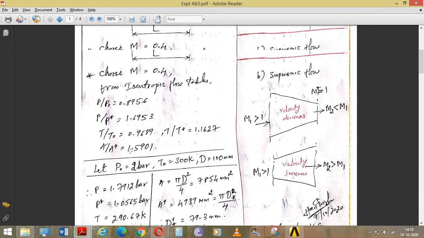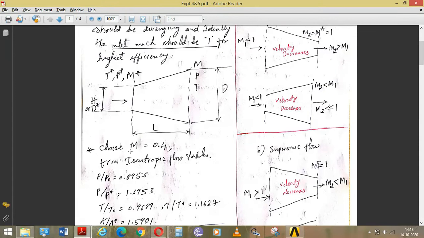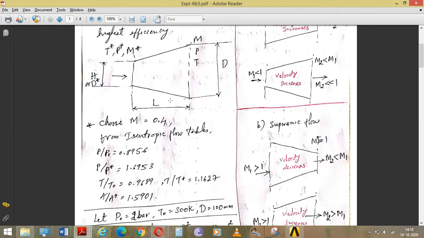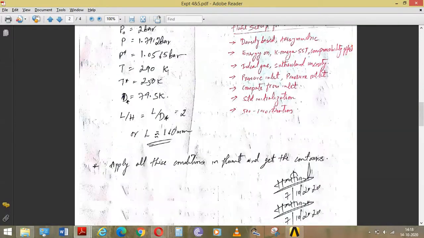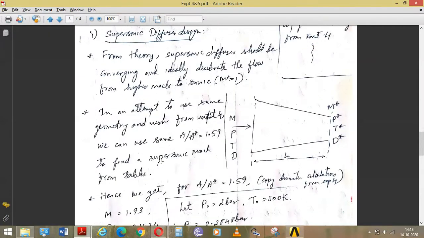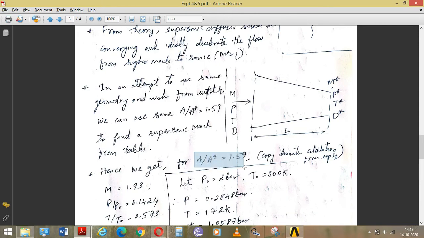So now, last class we had designed a subsonic diffuser. The same geometry we are taking for a supersonic diffuser, but in the inverted case. Only if you invert it will it become a supersonic diffuser. Since the geometry is same, the area ratio has to be same.